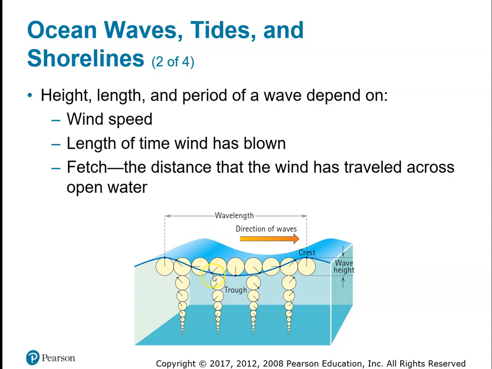The water is going up and coming down, going up and coming down. So the actual individual molecules of water don't really travel very far. The wave is just this disturbance that is passed along, and the water goes up and it comes down. It does make a little bit of a circle, but it doesn't really go all that far.